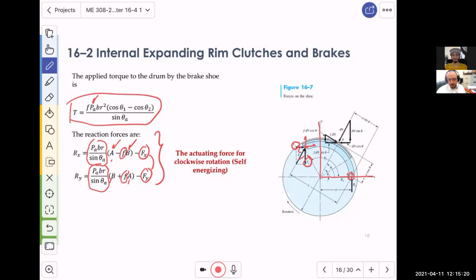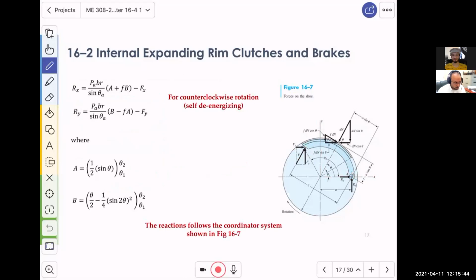Now, later in the problem that we are going to solve, you will see that we are going to have an inclined coordinate system. So you need to incline the coordinate system at that location, and thus you need to be careful in determining the angle. Okay. Now let's move on.